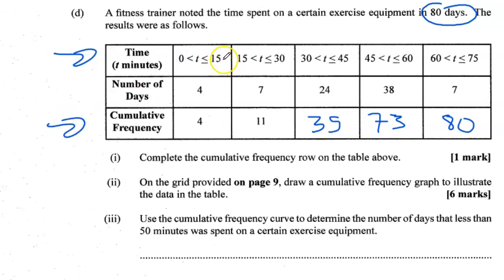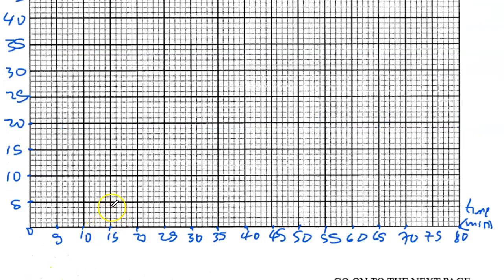The first points are 15, 4 and 30, 11. So 15, 4 will be about there. 30, 11 is just above the 10. So 15, 4 is one point, and 30, 11 is the second point.